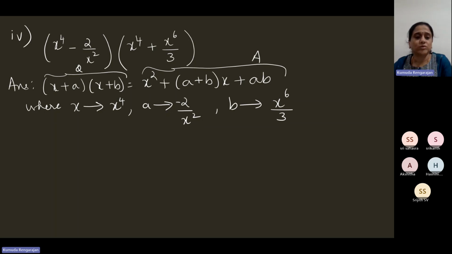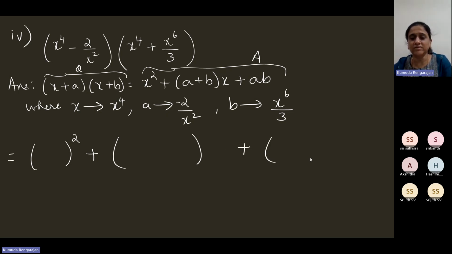The left-hand side is the question, the right-hand side is the answer. So we'll put brackets for the answer. x squared, plus (a + b) of x. You should write x here, plus ab. So what is x squared? This is x squared.